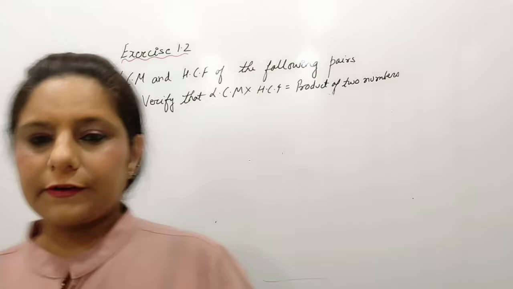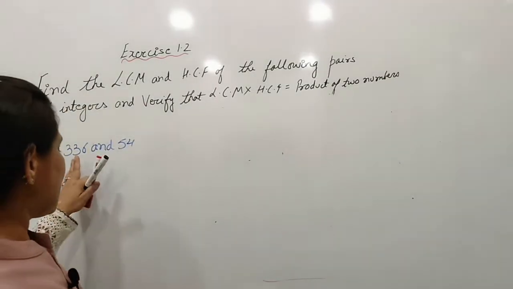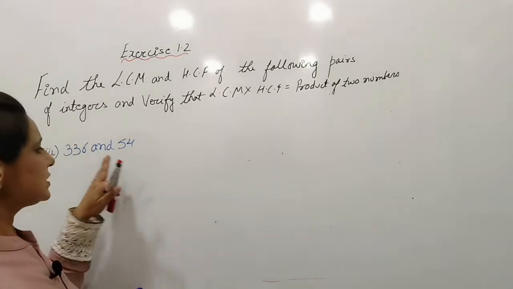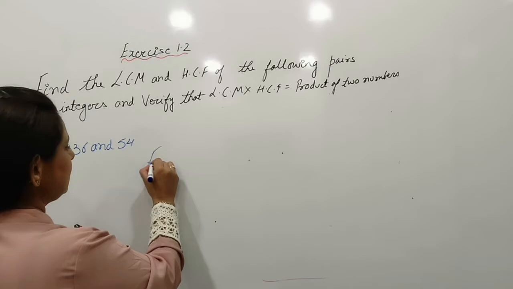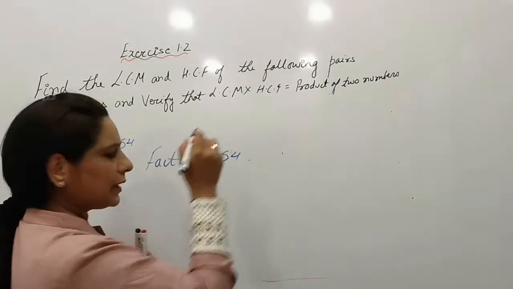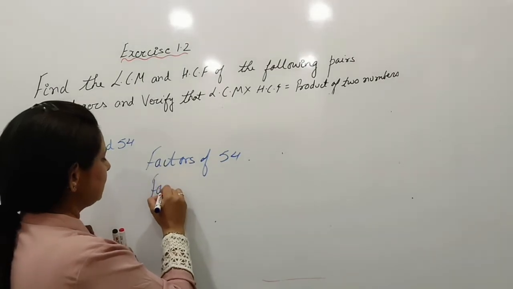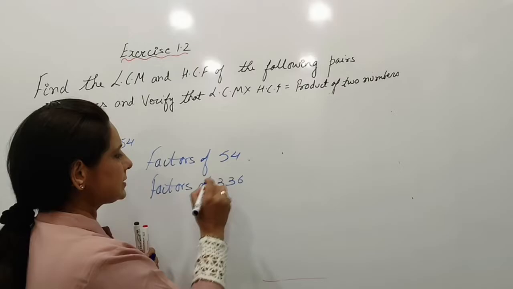Third part start karte hain. You have to find the LCM and HCF of 336 and 54. So we'll find the factors of 54 and then we will write the factors of 336.